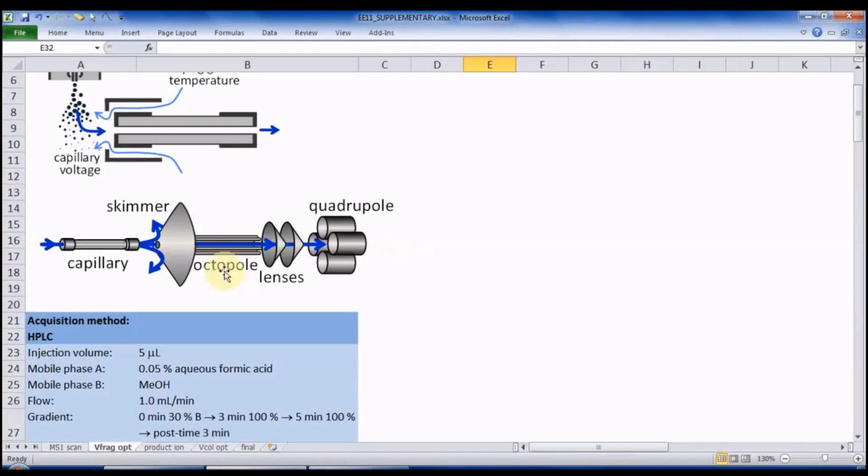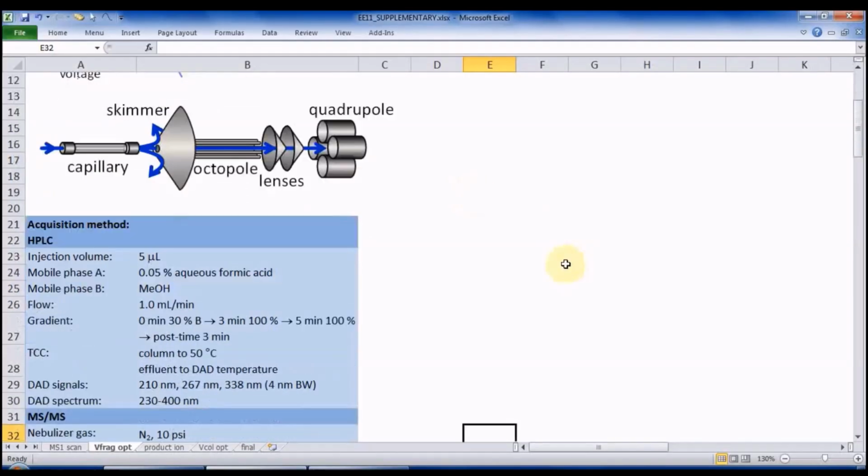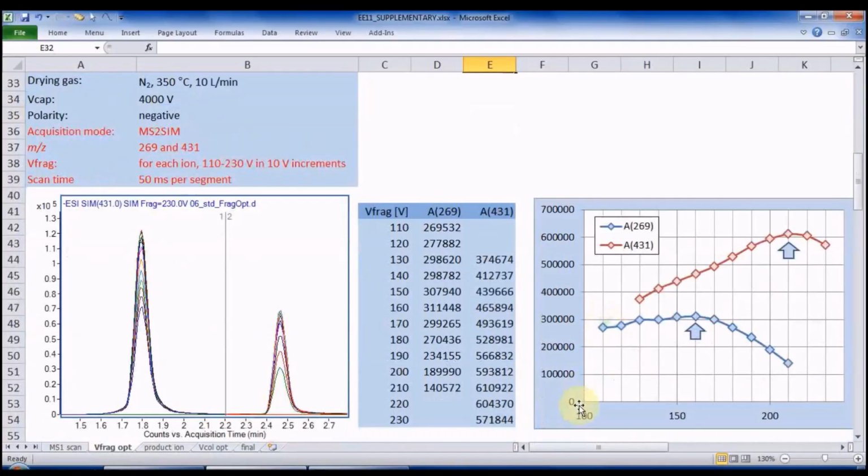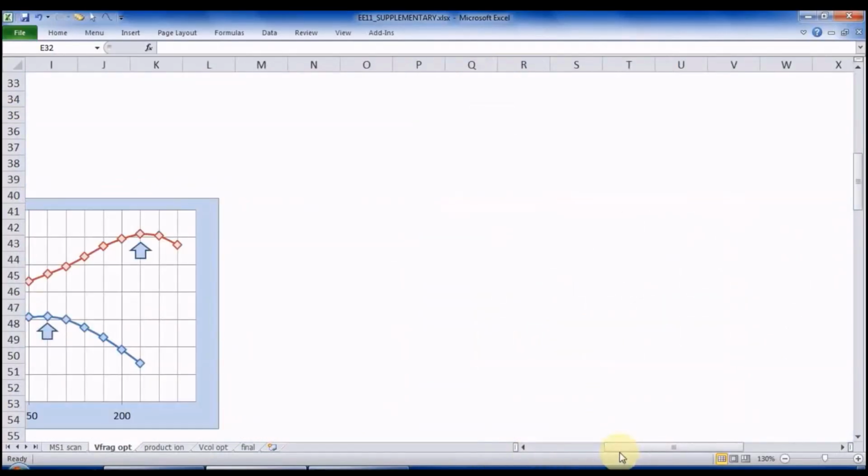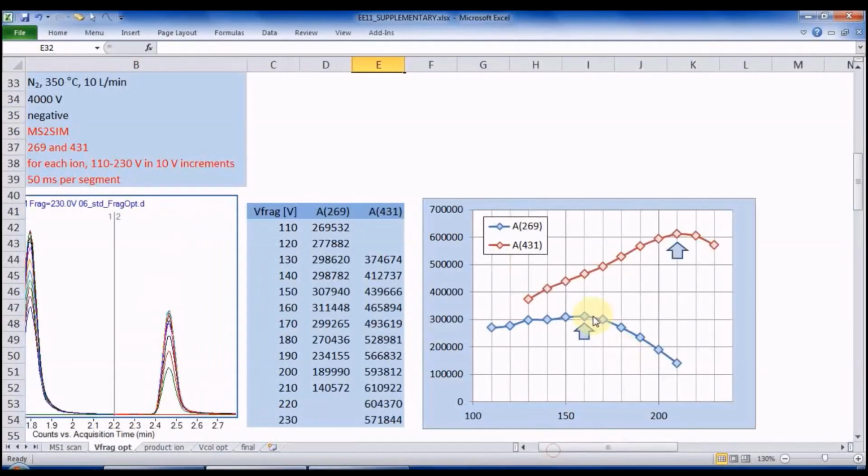However, at very high energies, collisions with air molecules can also result in ions receiving too much internal energy, which leads to their fragmentation and loss of sensitivity, as we can see here. So the optimum for our analytes, estimated from the curves, is about 160 volts for aglycone and about 210 volts for glucoside.